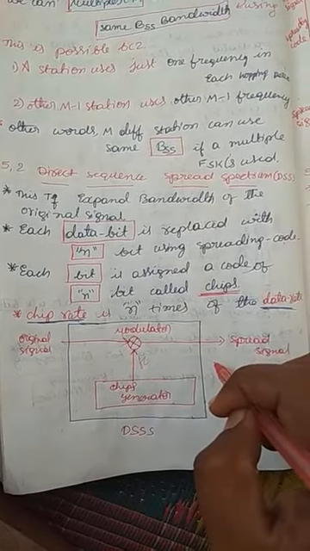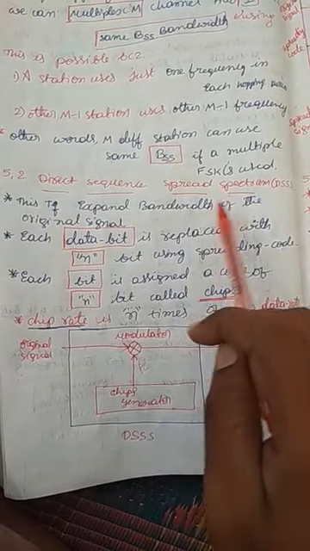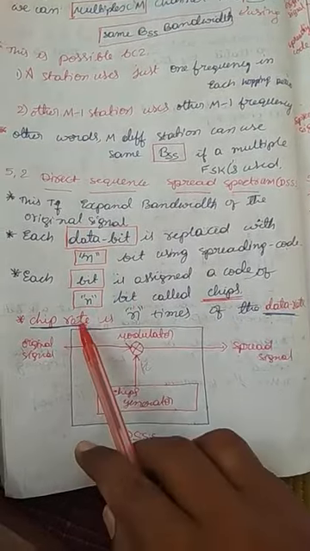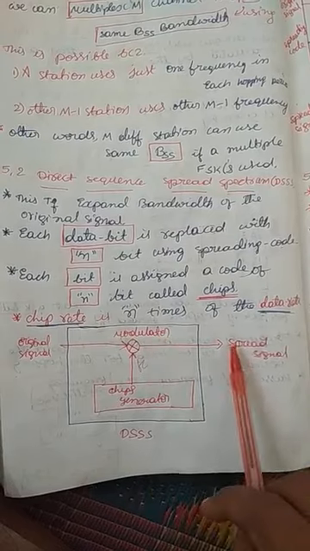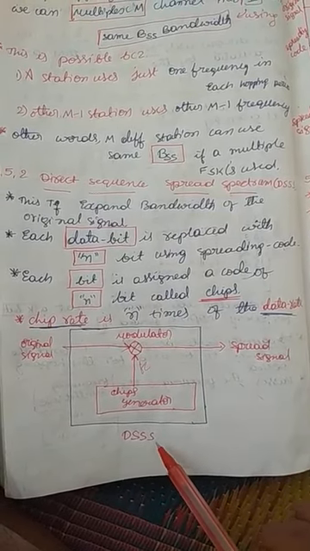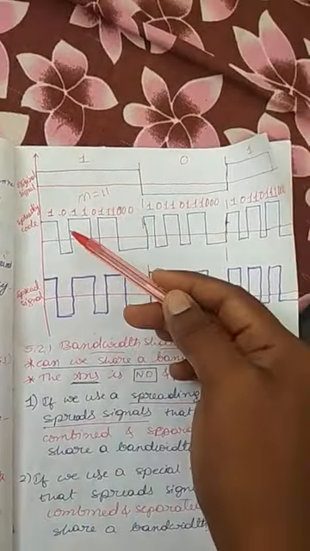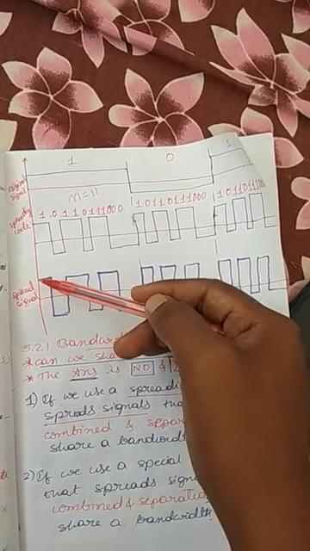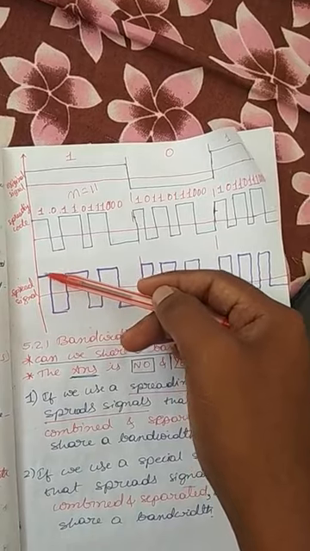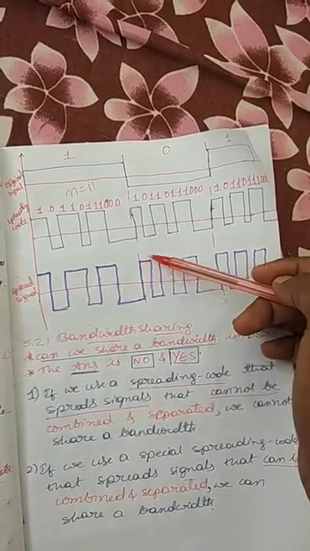This technique expands the bandwidth of the original signal. The original signal bandwidth will be increased after the modulator by using DSSS. This is the original signal. After the spreading code, the spread signal has increased bandwidth. You can see the increased bandwidth here.